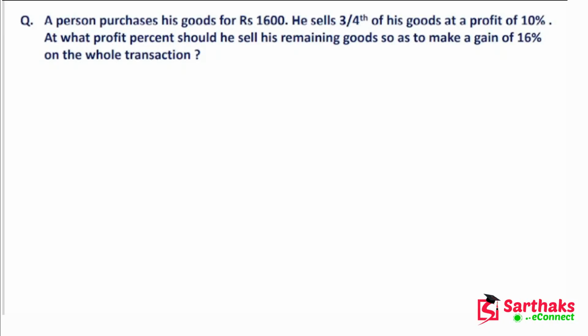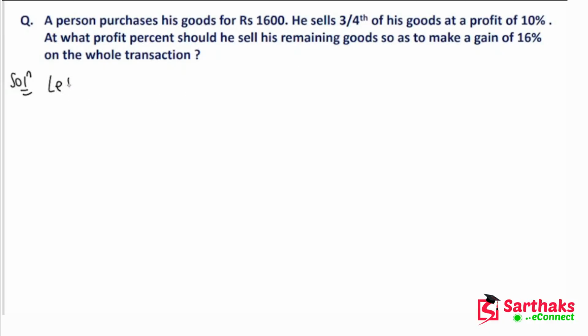So we do not know how many goods he is purchasing. Okay. So let us assume the number of goods he's purchasing. Since we are not given what the good is, let the good be in kg, right?